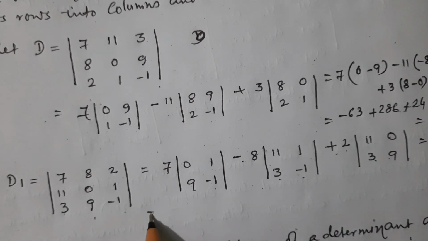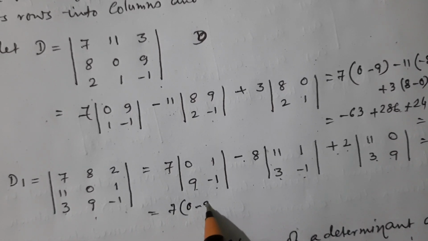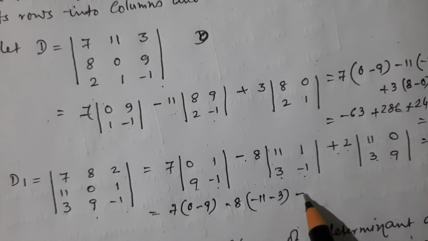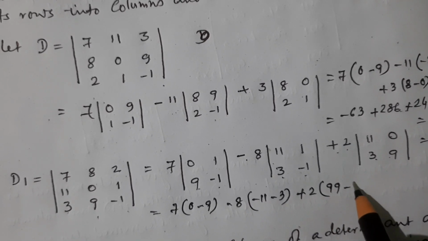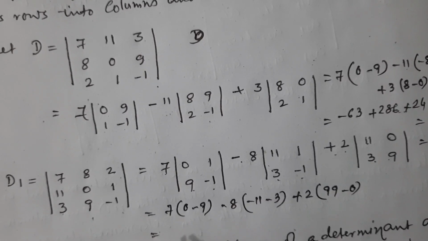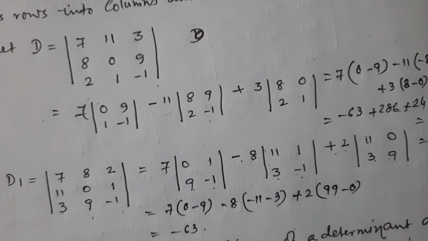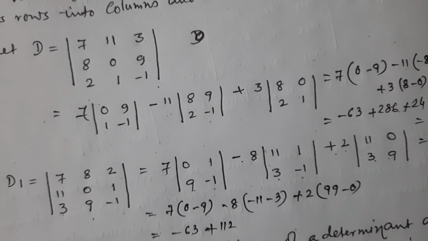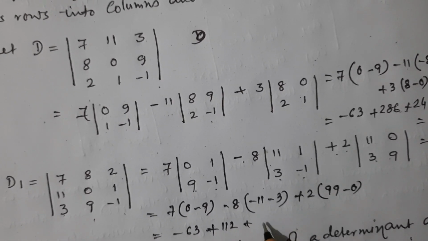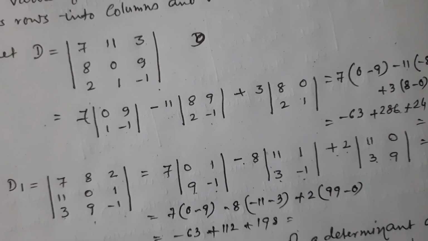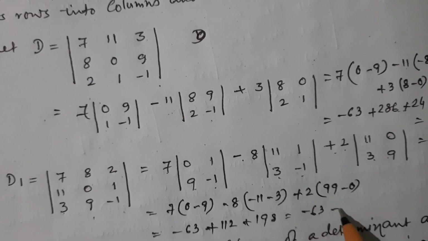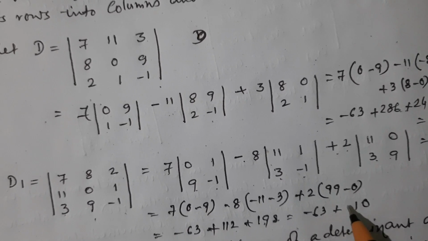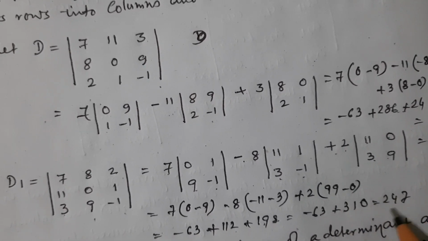And if we simplify, we get 7 into 0 minus 9, minus 8 into minus 11 minus 3, plus 2 into 99 minus 0, that is equals to minus 63 plus 112 plus 198, that is equals to minus 63 plus 310, that is equals to 247.